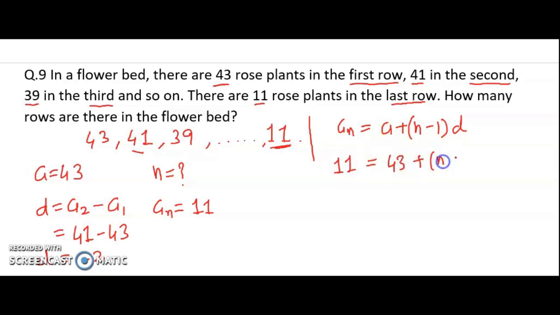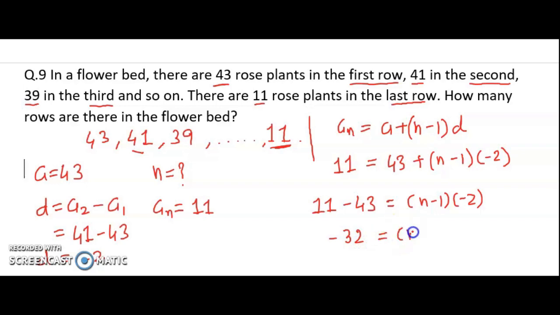You have to find the value of n minus 1 as it is, and d is minus 2. If you take this 43 to the left hand side, then we get 11 minus 43 is equal to n minus 1 multiplied with minus 2. So 11 minus 43, that is minus 32, is equal to n minus 1 multiplied with minus 2.